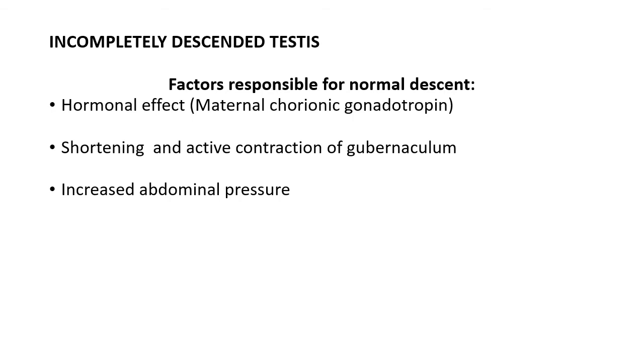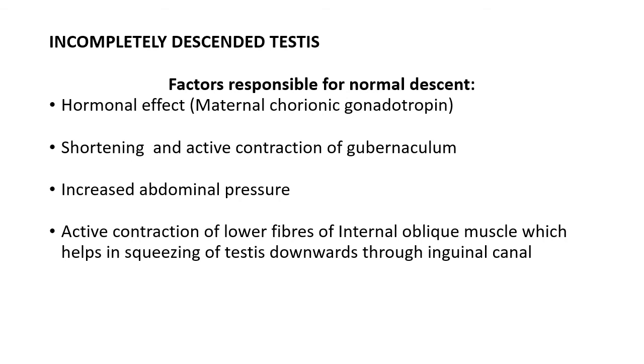Then increased abdominal pressure. The abdominal organs from the liver to the intestine are growing rapidly and occupy the abdominal cavity, thereby creating a pressure that helps the testes to descend downward.